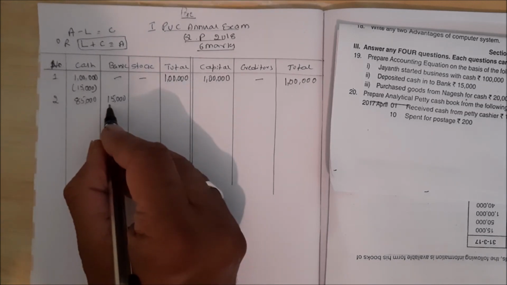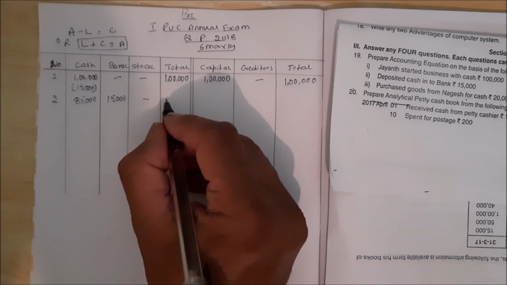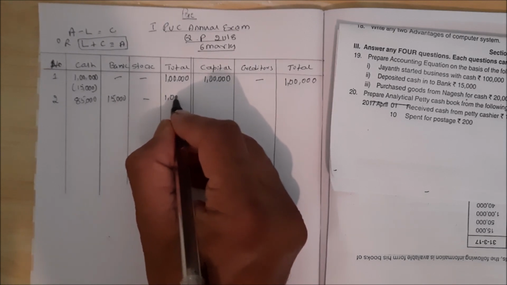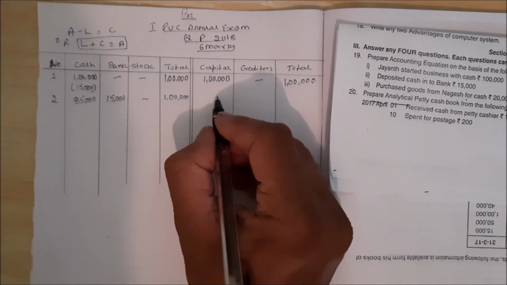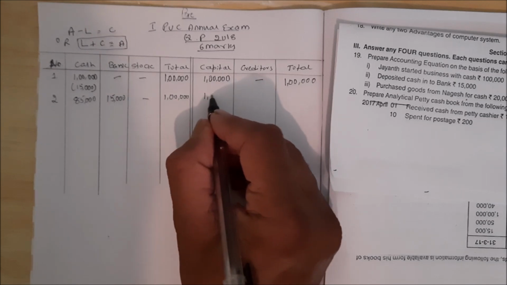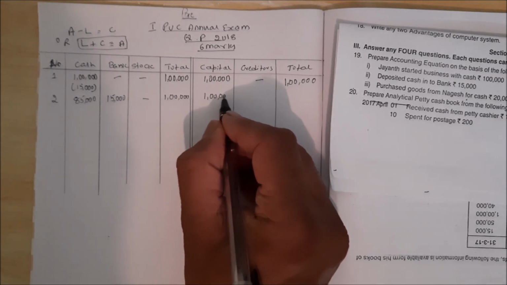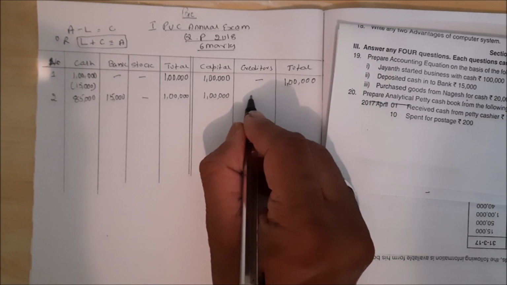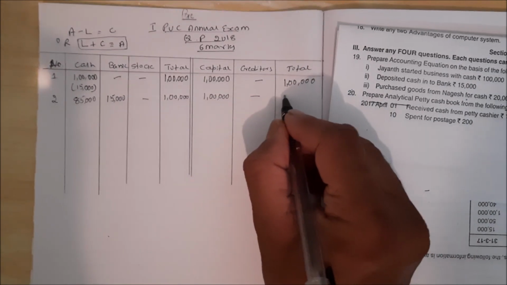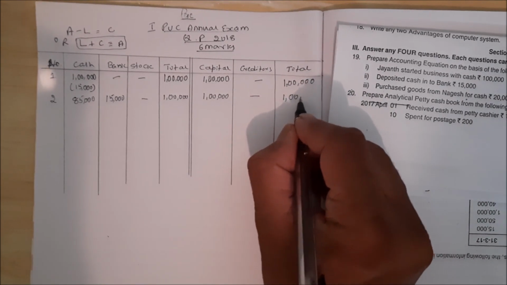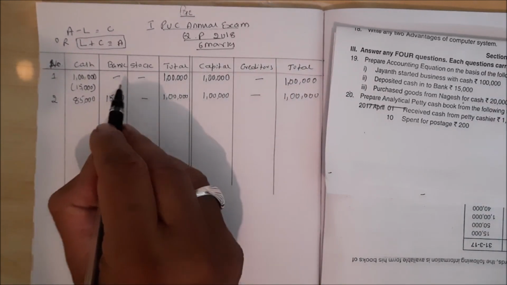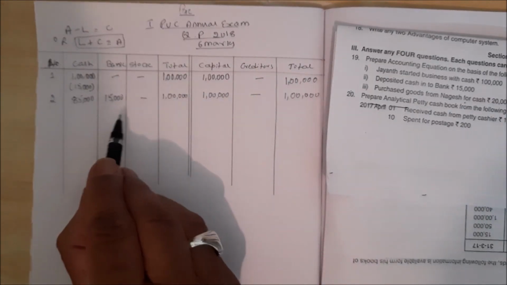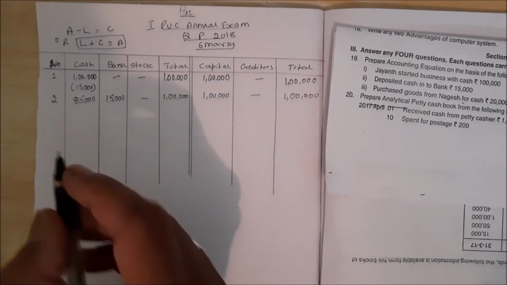So 85,000 plus 15,000, once again it becomes how much actually? 1 lakh. And there is no entry on the liability side of the accounting equation. It is 1 lakh, 1 lakh. It is tallied. In the first transaction also 1 lakh, 1 lakh. In the second transaction also 1 lakh, 1 lakh.